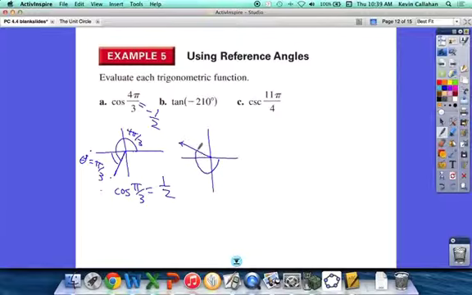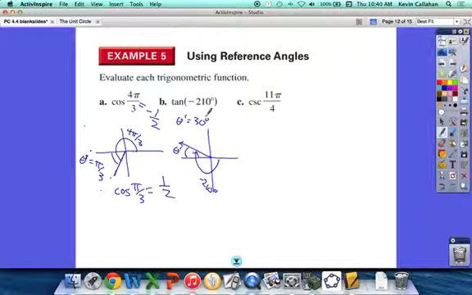There's our negative 210. So what is the reference angle, theta prime? It's 30, right? Negative 210 is 30 degrees past negative 180. So the theta prime equals 30, and it's positive.